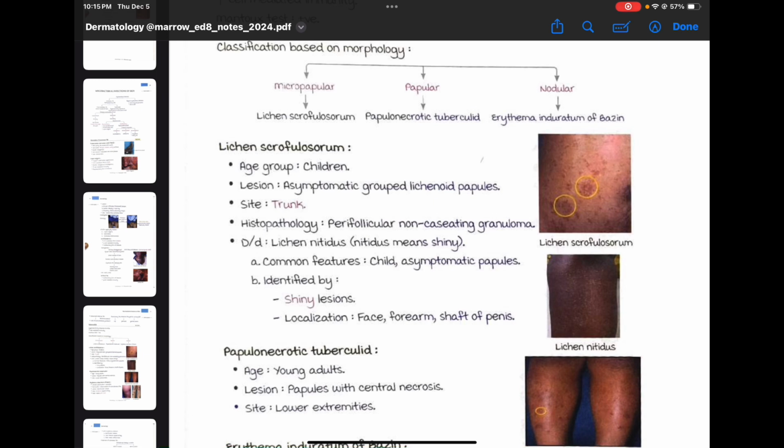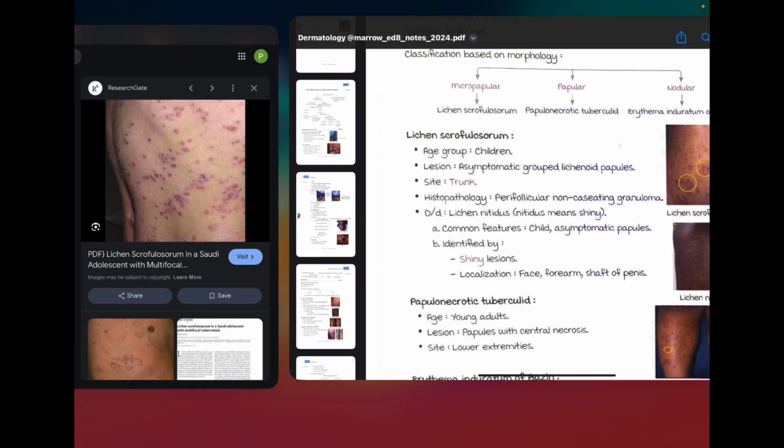Differential diagnosis, lichen nitidus. Nitidus meaning shiny. Common features, child, asymptomatic papules identified by shiny lesions, localization, face, forearm, shaft of penis. So nitidus means shining.